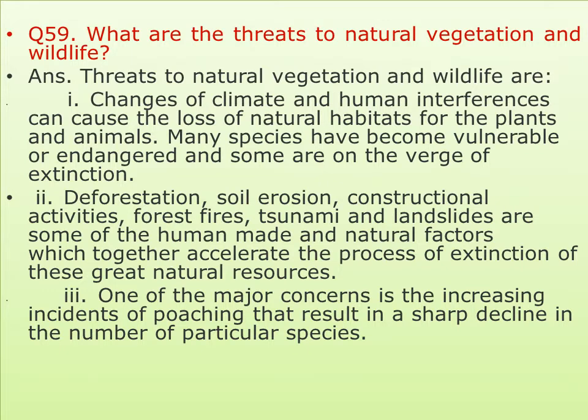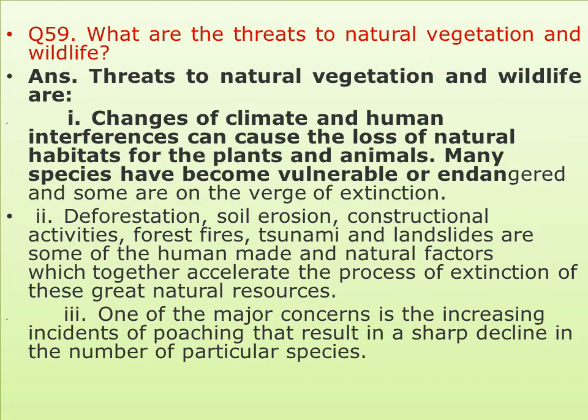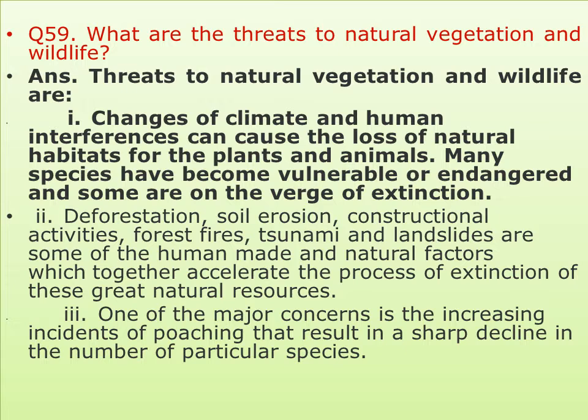Question number 59. What are the threats to the natural vegetation and wildlife? Answer: the threats to the natural vegetation and wildlife are, number one, changes of climate and human interference can cause the loss of natural habitat for the plants and animals.